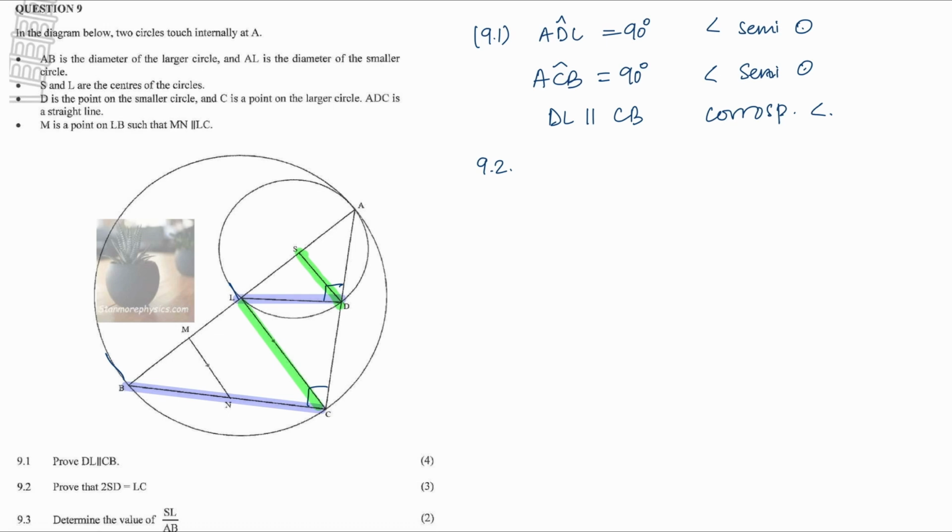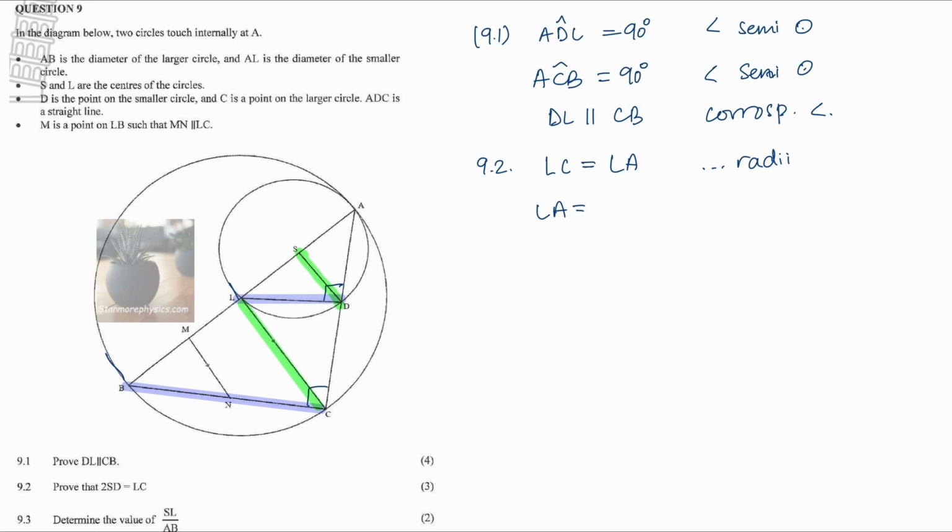So LC is going to be equal to LA, right? Because they're radii. But LA is equal to the diameter of the small circle. Now, the radius of the small circle is SD.